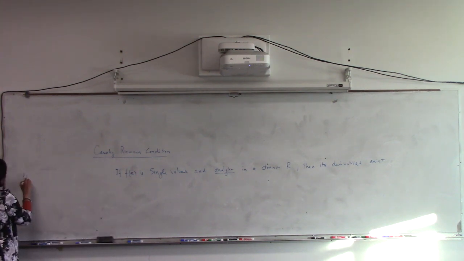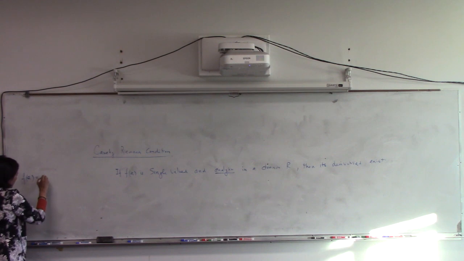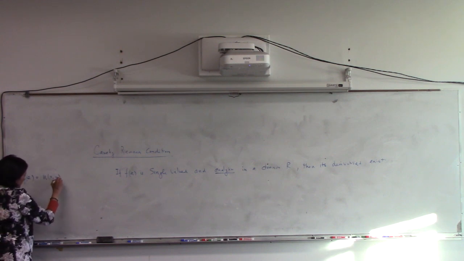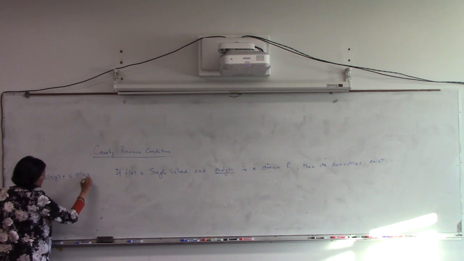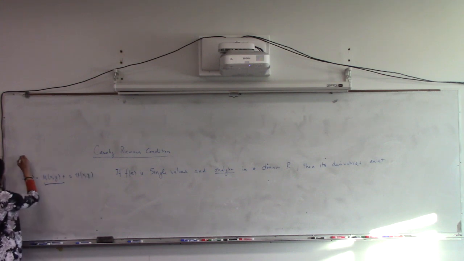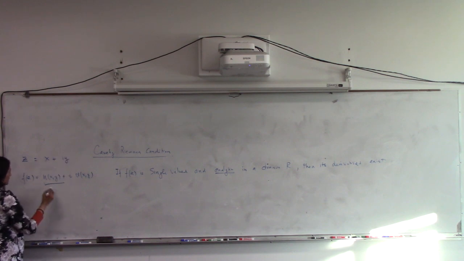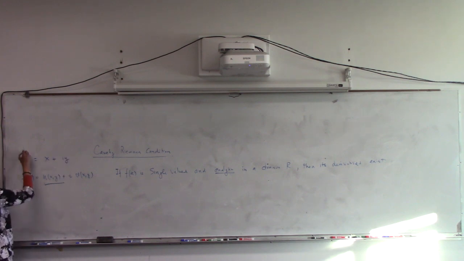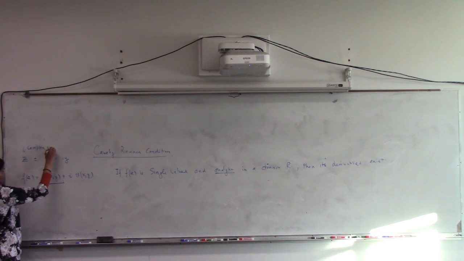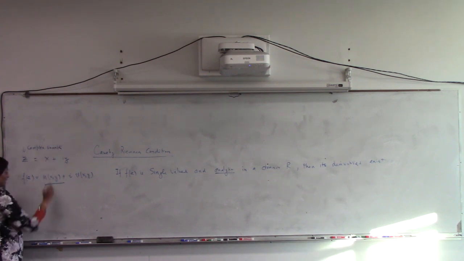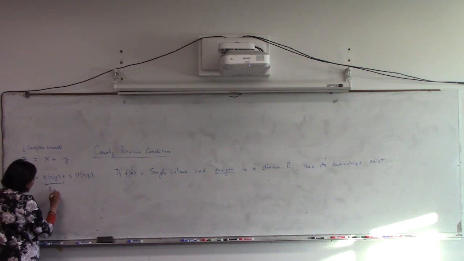So f of z is my complex function, so I write it in this fashion. It has a real part and an imaginary part, just as a complex variable has a real part and an imaginary part. This is the complex variable, and this is my real part of the function.